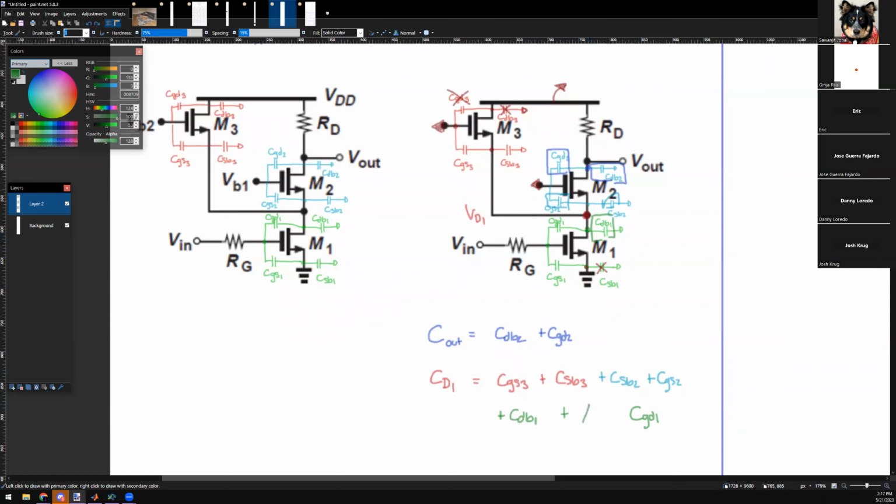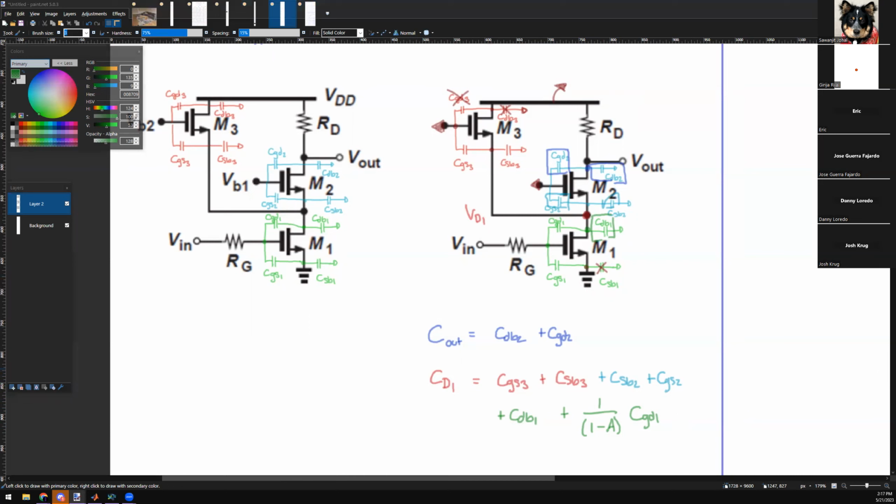So this should be, what is it, 1 minus 1 over A, or 1 over 1 minus A? Is this right? Sorry, I don't recall what my proofs were. I think I put 1 minus A, 1 minus 1 over A. Is that the same?